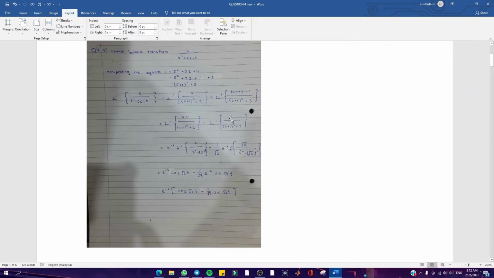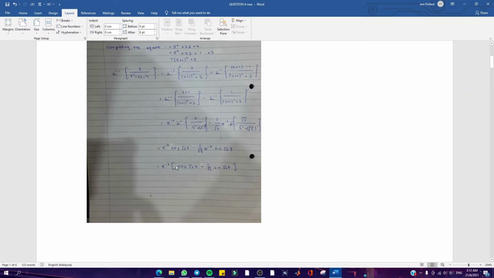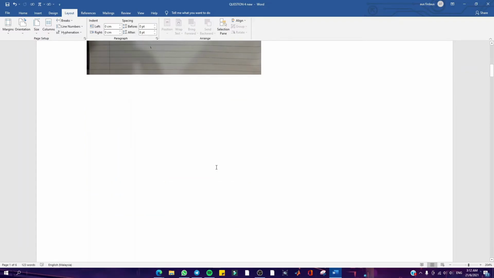Inverse Laplace here, we get sine square root 3t. So the total of it is negative 1 over square root 3 exponent negative t sine square root 3t. We factor out the exponent negative t, so we get the simplified answer.